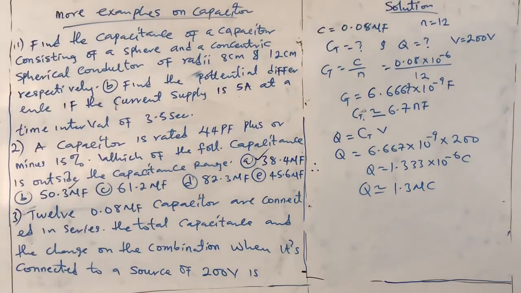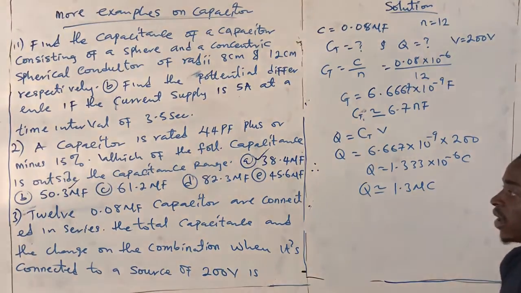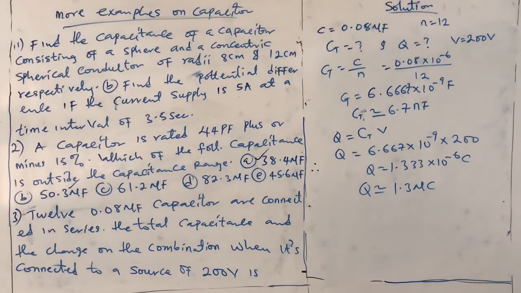So with this, we see that we can solve different questions on capacitors. They can actually set questions in different ways. Then another thing that can happen in capacitors is what we call equipartition of energy.